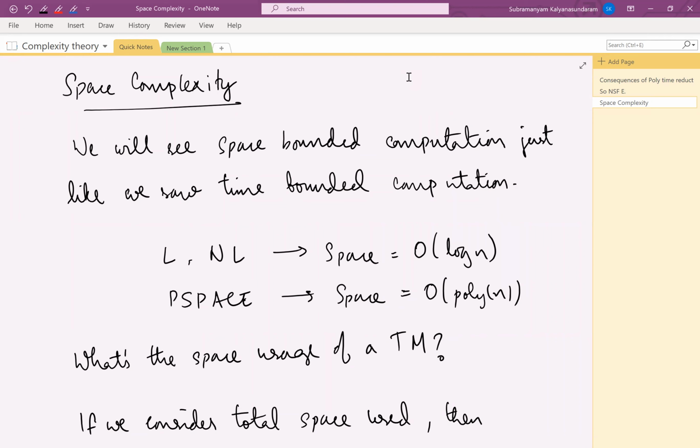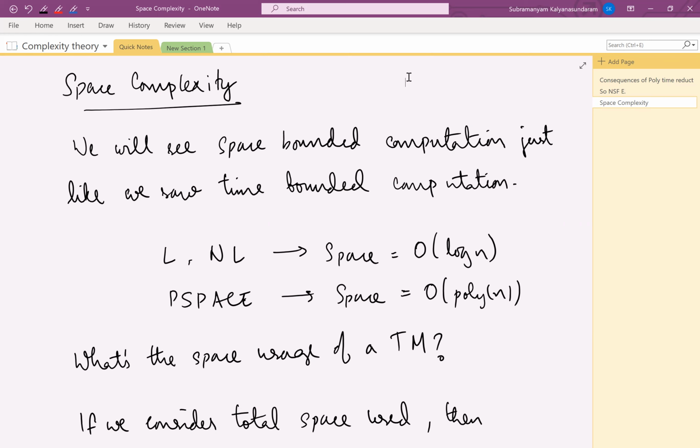Till now, our focus has always been on time-bounded computation, and this is what people focus on when they study algorithms, right? However, there are complexity classes based on space-bounded computation as well, right? So for the next few lectures, we'll see about space-bounded computation.